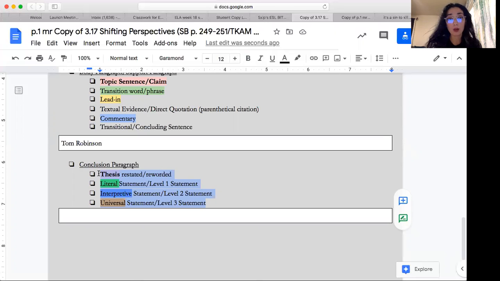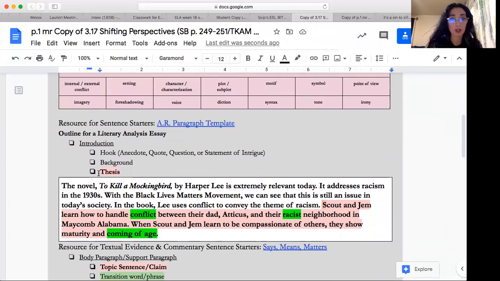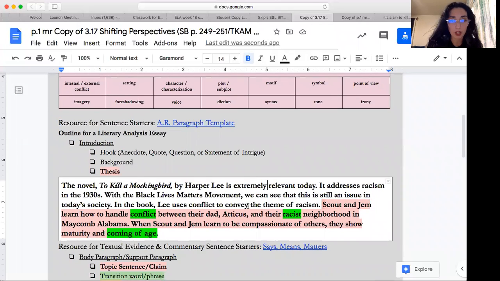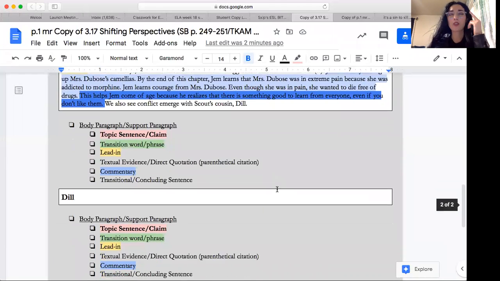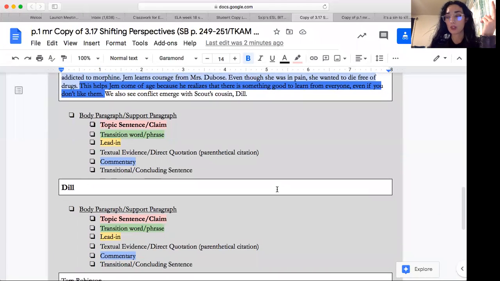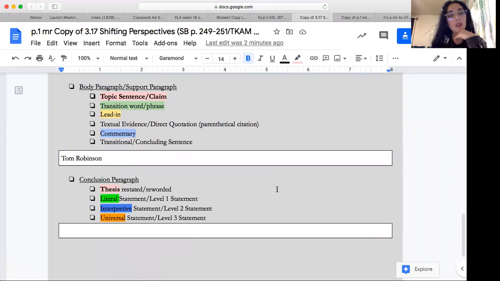So then you can think about some of the things you said in that first paragraph. Like, okay, I talked about Black Lives Matter. I talked about how racism is still a topic today, and how coming of age and growing up and maturing means being compassionate of others. And for me, I think that idea of not letting hate poison your heart, that's something that I really want to write about. So I might say that here.